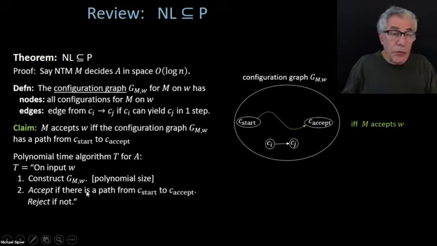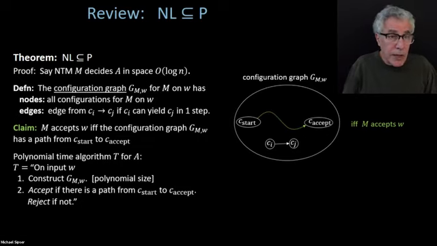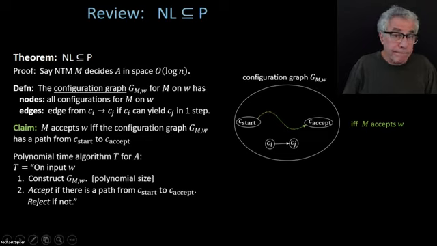And if there is such a path, you accept, because that means the machine M accepted. And if there was no path, you reject, because then M must have not accepted. And therefore, you have a polynomial time simulation of your non-deterministic log space machine M.